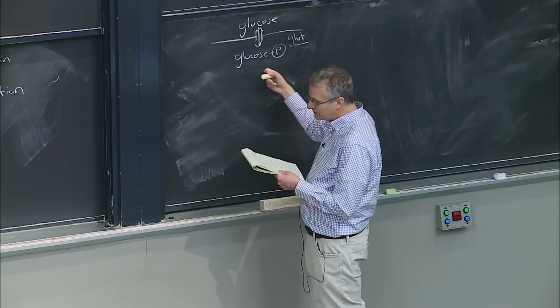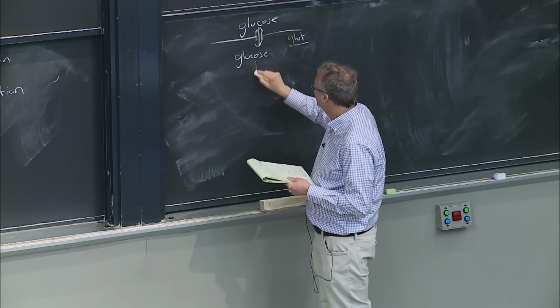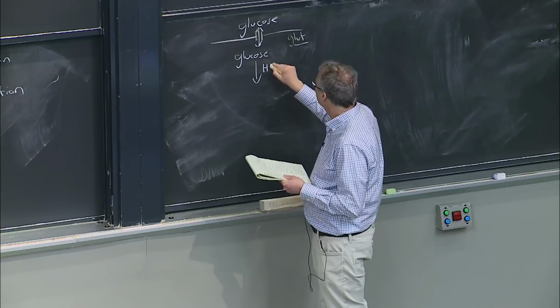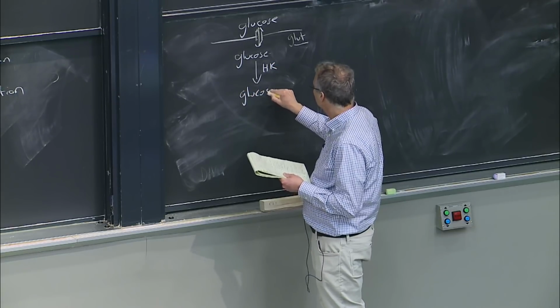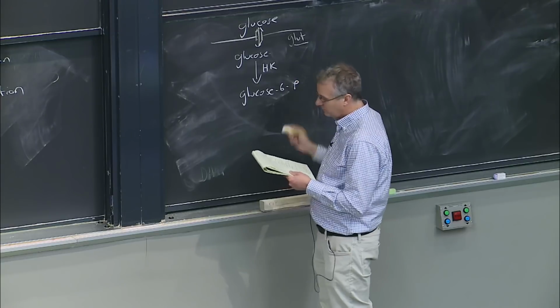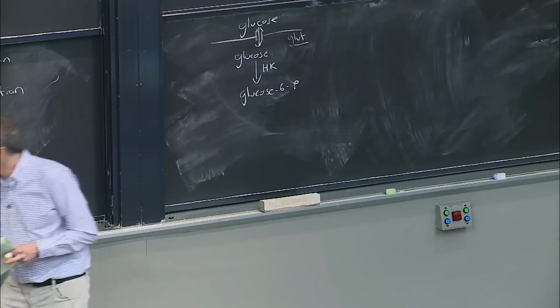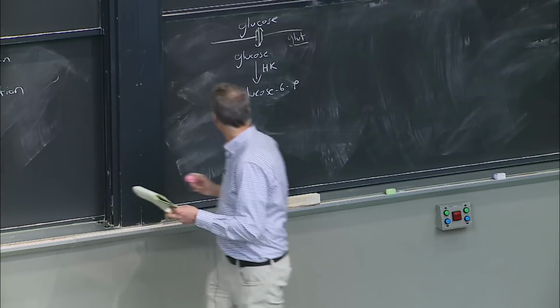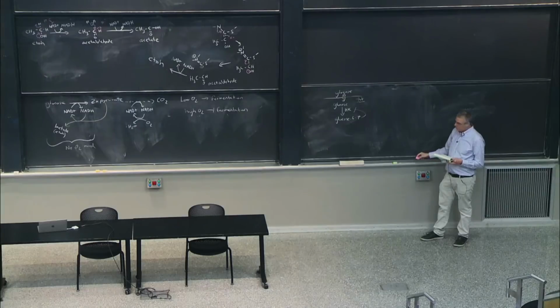All right, once it's in the cell as glucose, hexokinase then traps that molecule as glucose 6-phosphate. And it turns out that glucose 6-phosphate is an inhibitor of hexokinase. Why is that?